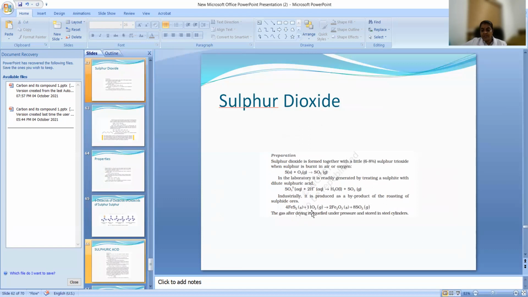When you roast sulfide ore in the presence of oxygen, Fe2O3 forms along with sulfur dioxide. The gas after drying is liquefied under pressure and stored in steel cylinders. Why drying? Because if any water is present, the sulfur dioxide will be converted into sulfurous acid. That is why we do the drying.